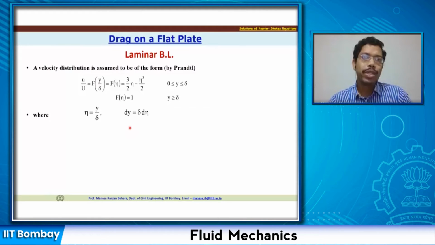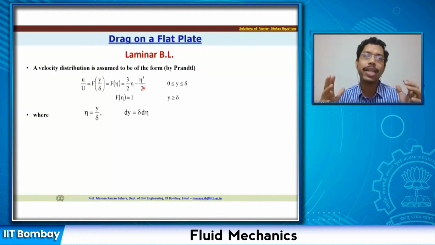If u by U is a function of y by delta, or a function of eta, then the function of eta is written as 3 by 2 eta minus eta cube by 2. This is an expression for the velocity distribution which is assumed by Prandtl, considering that this could be the profile. Obviously, a lot of research and analysis has gone into it, and finally this kind of expression was suggested.